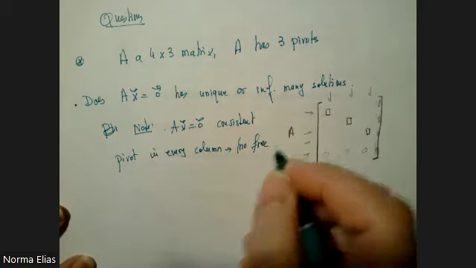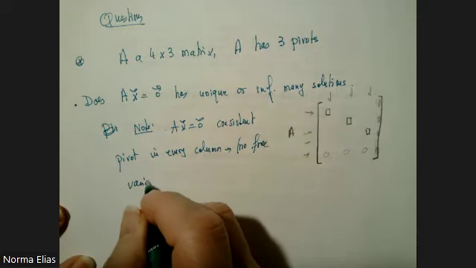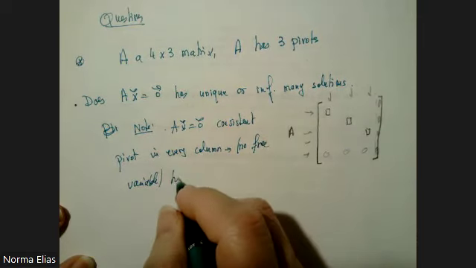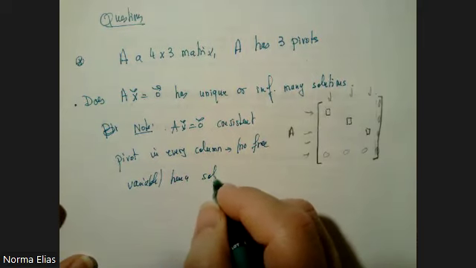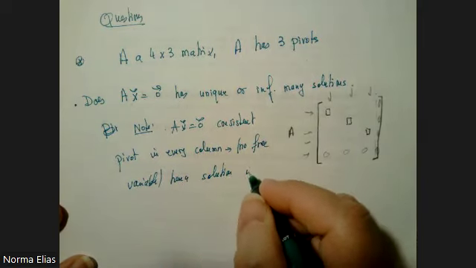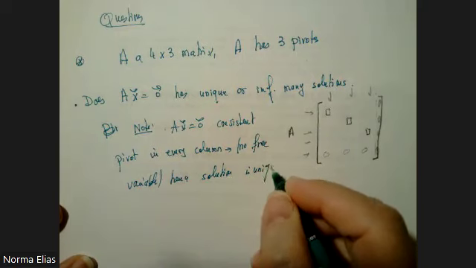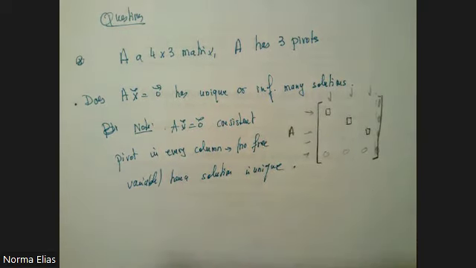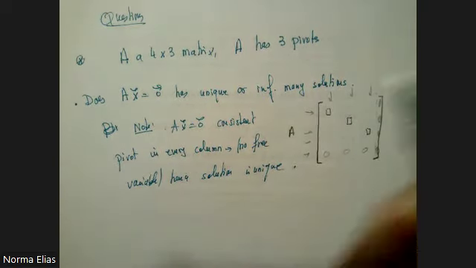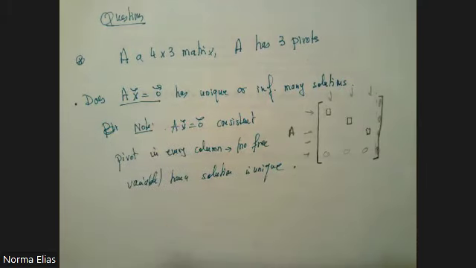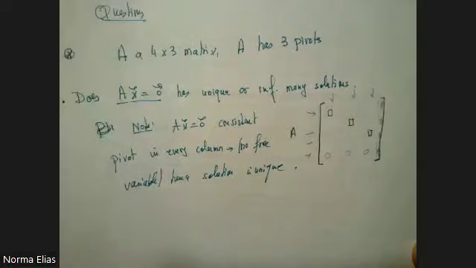Just to remind you what this means. Hence, the solution is unique. So you have a matrix A with AX equal to 0. You reduce it. You get 3 pivots. It means AX equal to 0 will always have a unique solution.